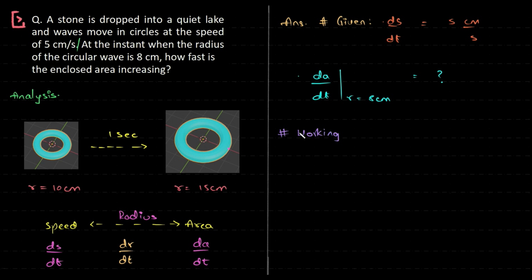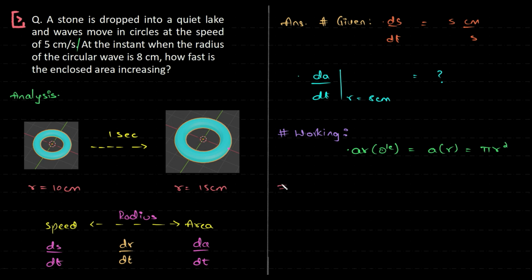The working: we have the area of the circle, which we can represent as A of r, that is pi r square.